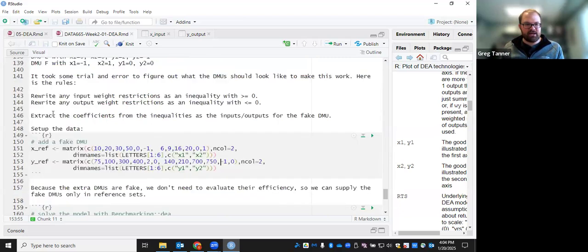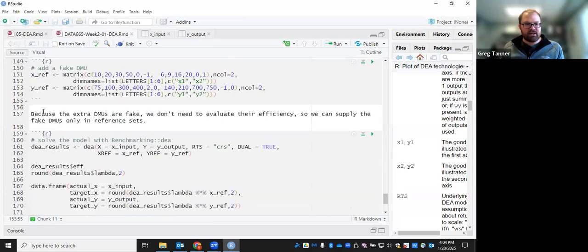And that's going to be interesting because these extra DMUs are fake, and so we don't need to evaluate their efficiency. They should get 100% efficiency because they're the only ones doing what they do. But we're going to supply those extra DMUs in what's called a reference set.